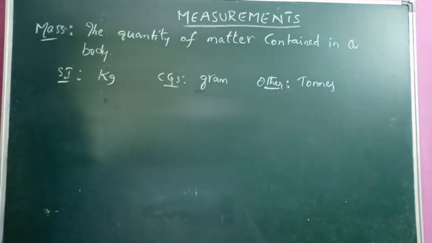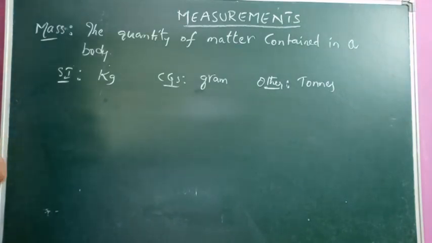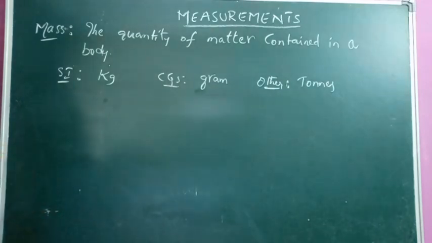As we already see in a gold shop or jewelry shop, a physical balance is used to measure the mass of gold, and we can see different types of balances in various shops. Those balances are used to measure the mass.